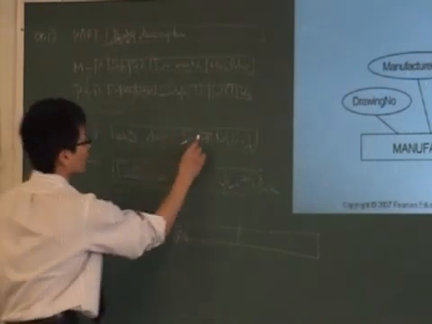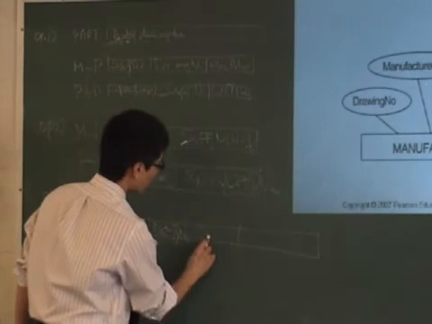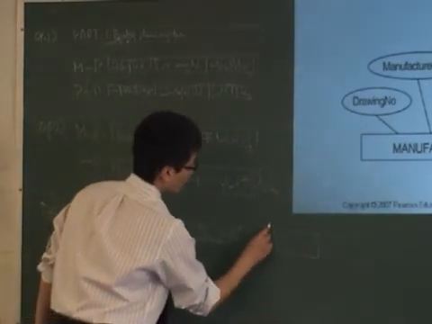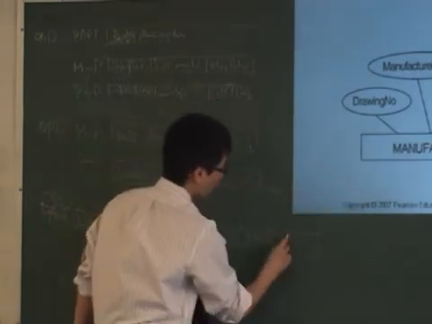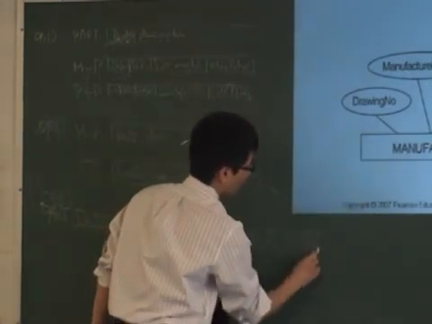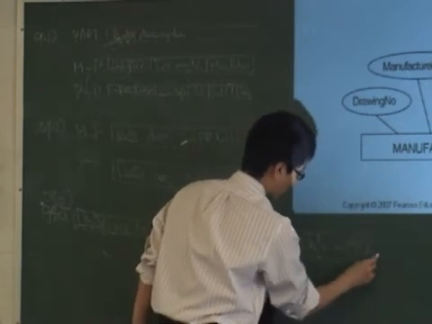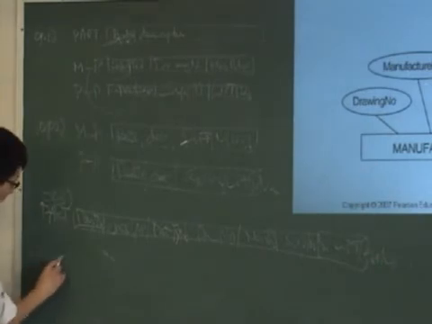Then drawing number and manufacturer date. Then supplier name. Then list price. That's it.